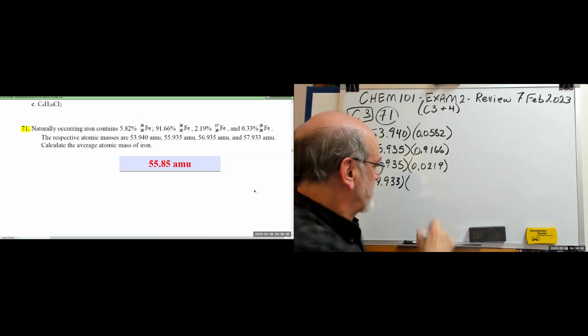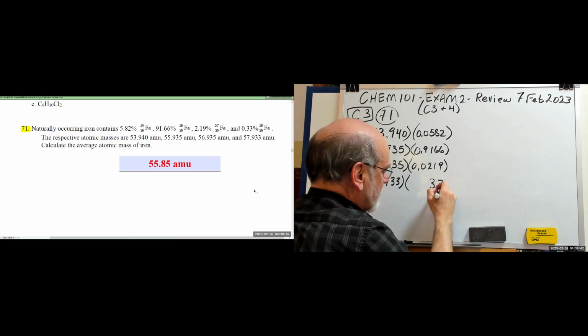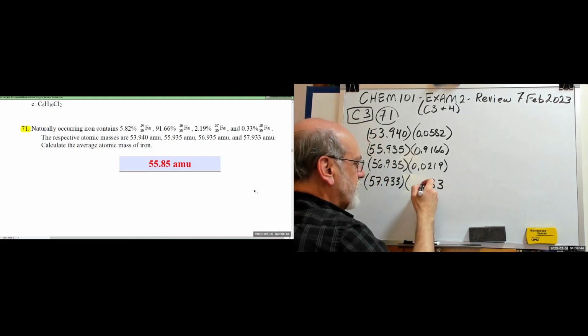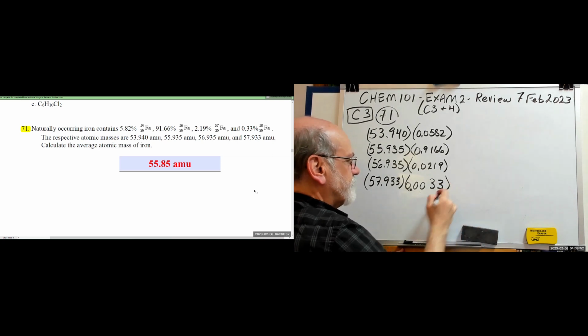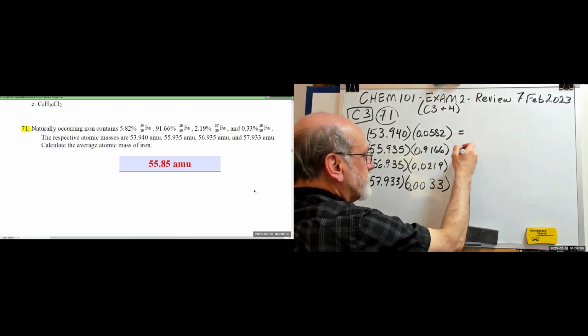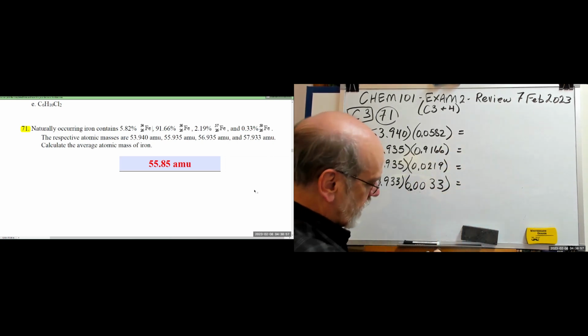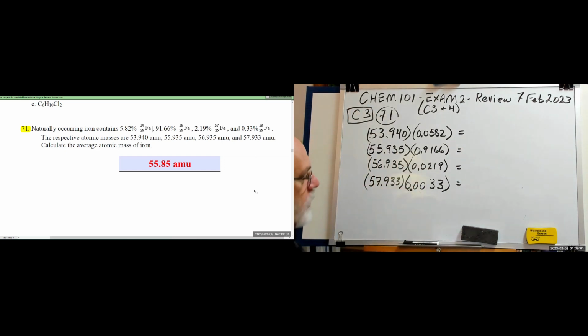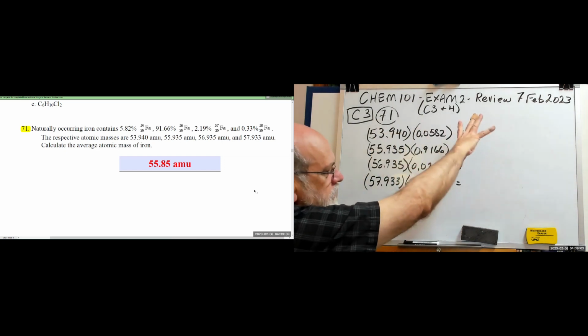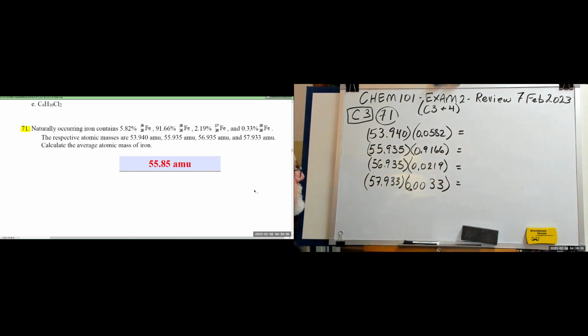So if the decimal starts there for percent, then we move 2 to the right, it's 0.0033. That's its contribution. So now all we have to do, that's the thinking part. Now all we do is crunch the numbers and add them together.